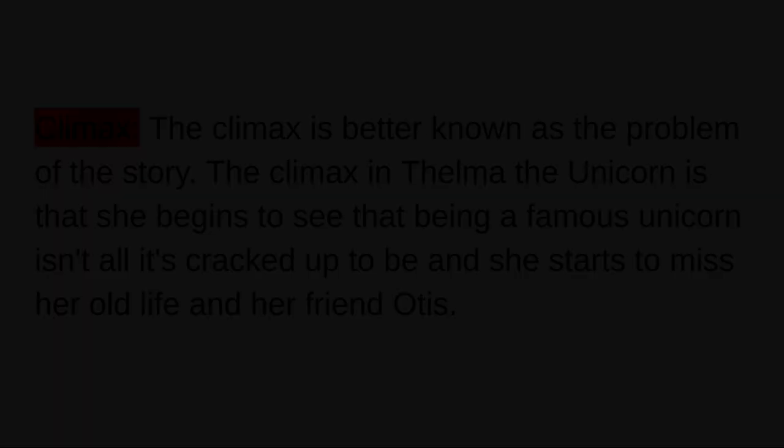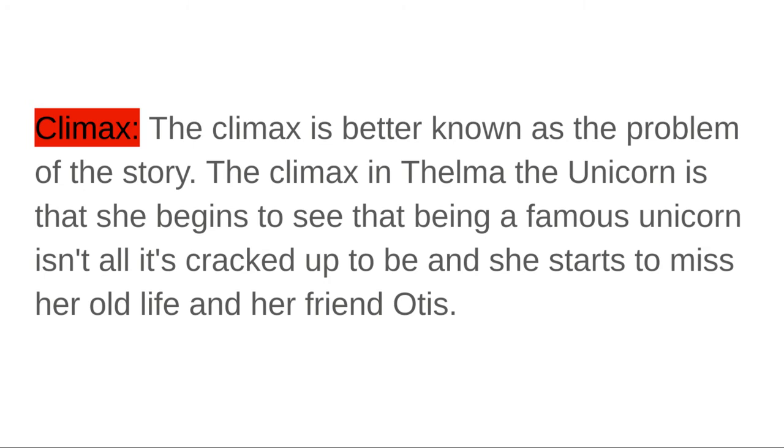But then we get to the story's climax. The climax is better known as the problem or conflict of the story. The climax in Thelma the Unicorn is that she begins to see that being a famous unicorn in particular isn't all it's cracked up to be.